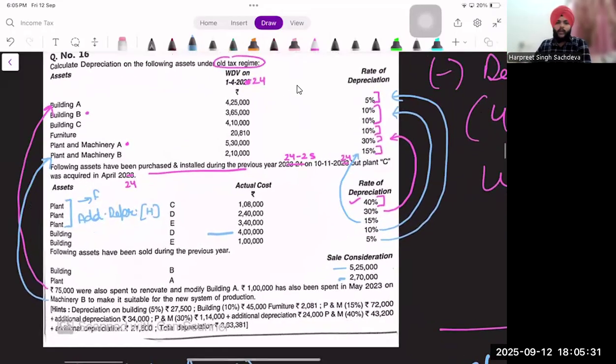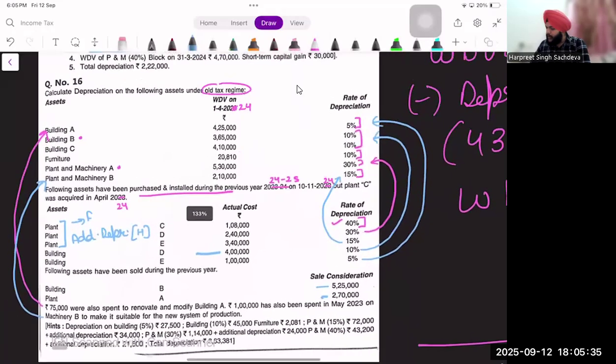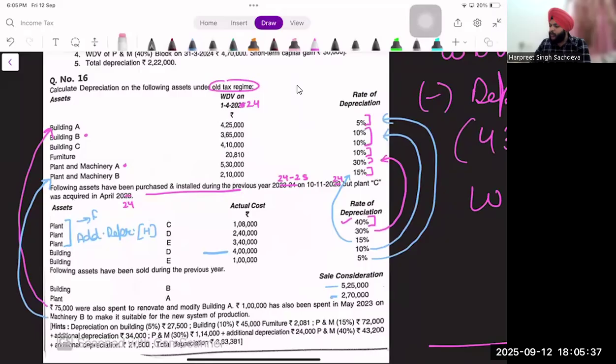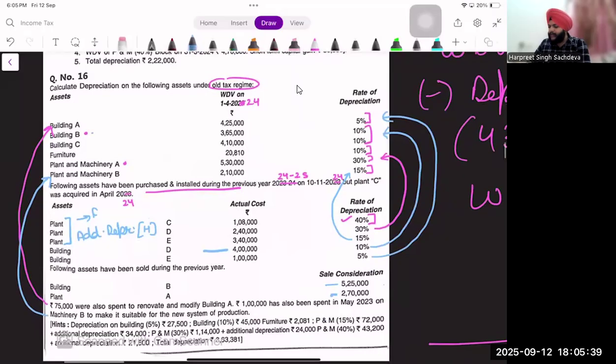Next, following assets have been sold during the previous year. So we are selling building B. So we have applied dot on the assets which we are selling. Building B we are selling and plant A we are selling. So we have put dots. Okay.